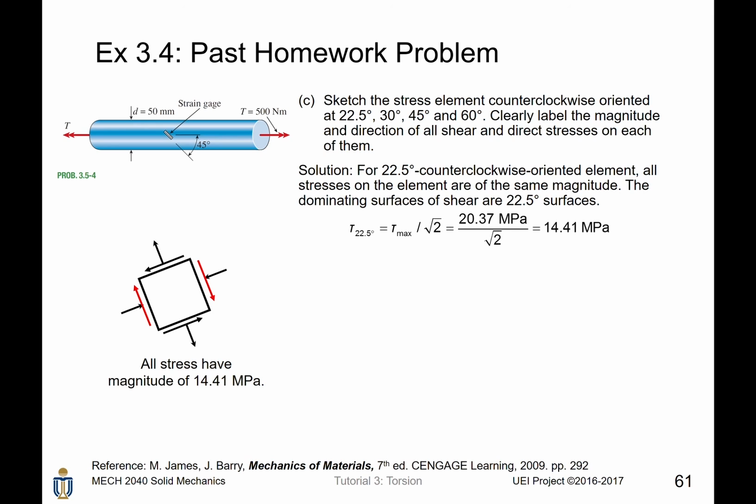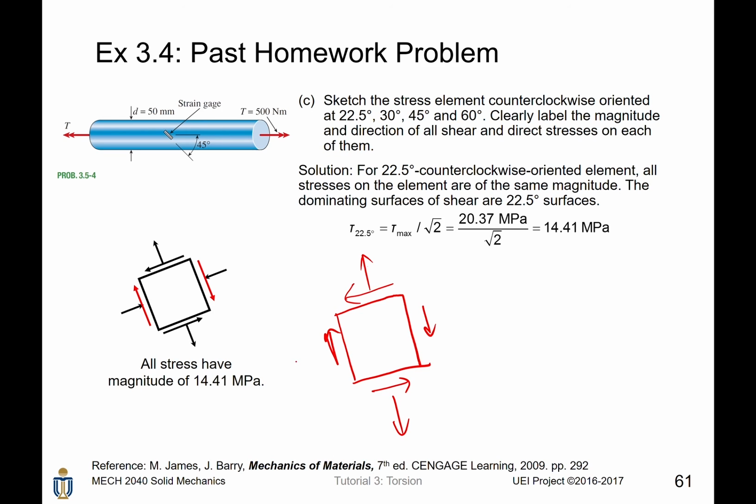Firstly, let's consider a 22.5 degrees counterclockwise oriented element, which is like this. For the positive torque, the shear stress is on the left hand side and the right hand side is like this. Therefore, we can say that the stresses on the two dominating surfaces are like this, and we can sketch the rest of them. Besides, since it is a positive torque, the direction of tensile axial stress is like this. Therefore, we can determine the direction of those two forces, the axial tensile stress on this stress element.